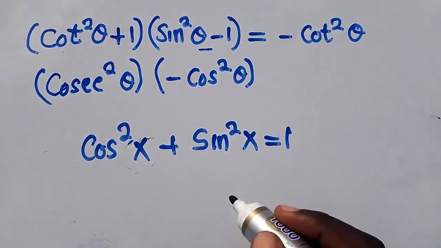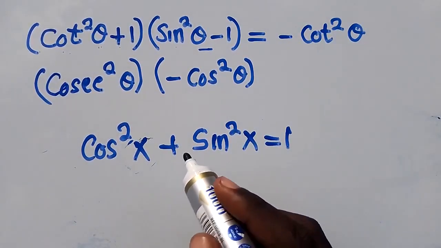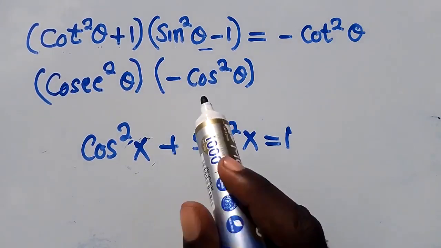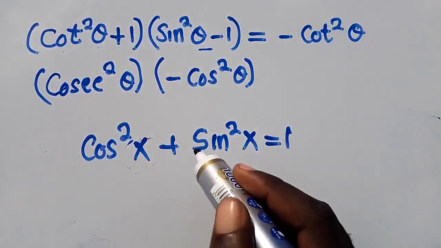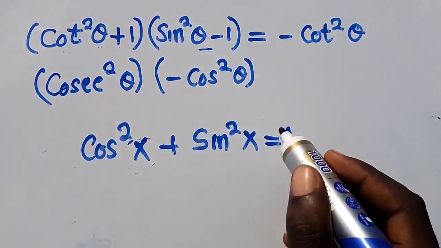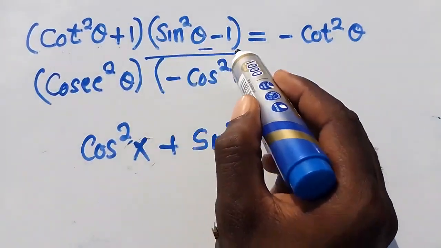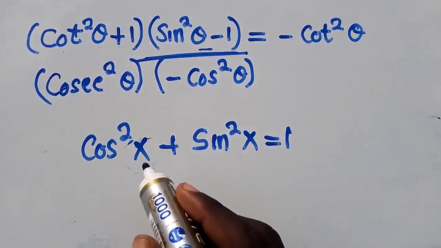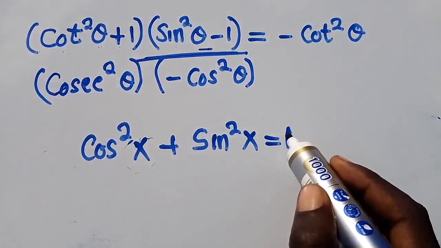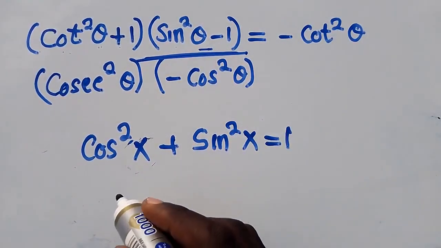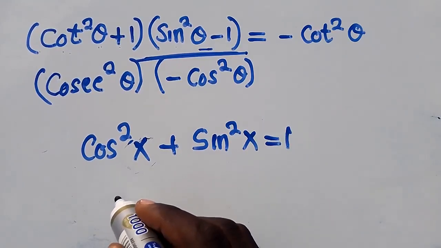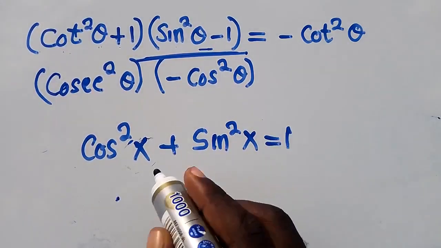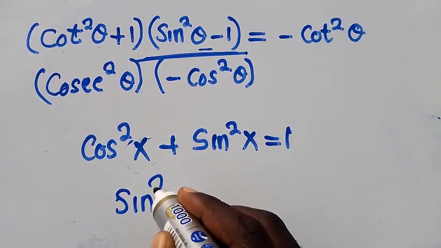So when this one goes to the other side, have you seen cos is going to the other side? Which means that we are going to have sine squared x.